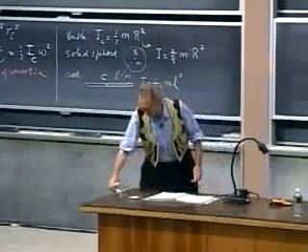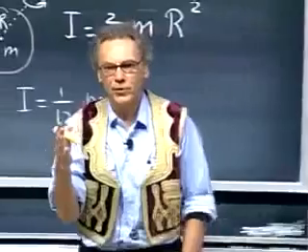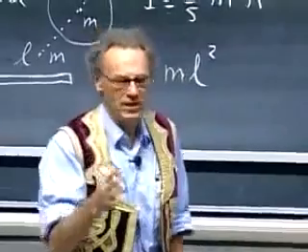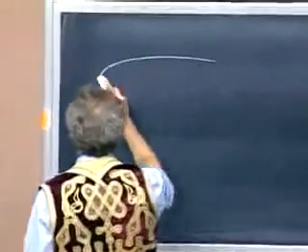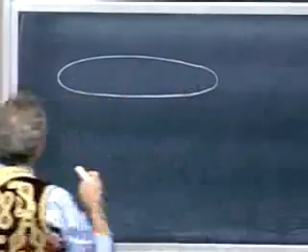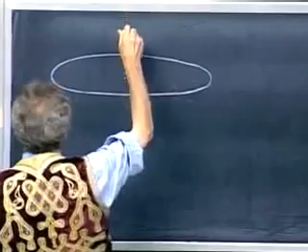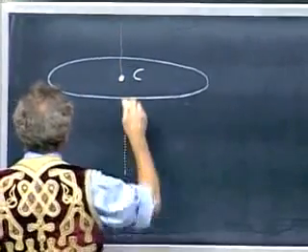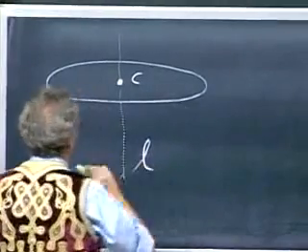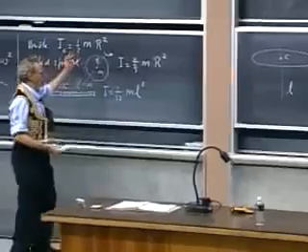And that is why I want to discuss with you two theorems which will help you to find moments of inertia in most cases. Suppose we have a rotating disk, and I will make you see the disk now with depth. We just discussed the rotation about the center of mass, and I call this axis L. It was rotating like this, perpendicular to the disk.